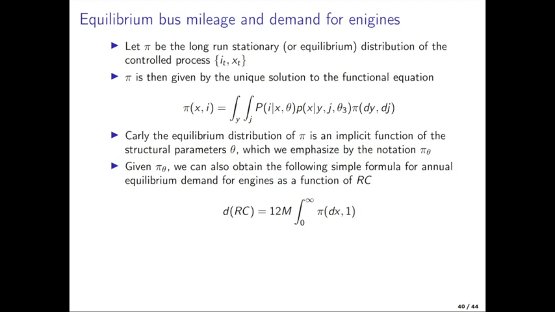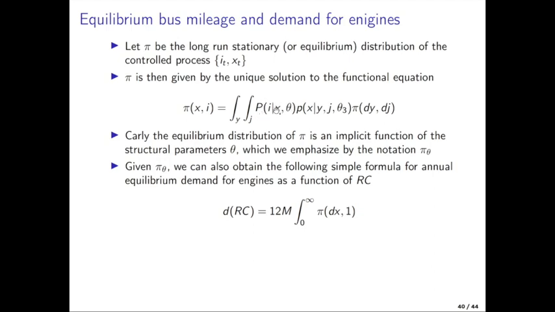How can you solve for that? Well, that's actually a fixed point of this functional equation. Here is really the transition matrix, or the transition probabilities for the mileage process, conditional on the choice and conditional on today's state, and that's multiplied with the probability of replacement.